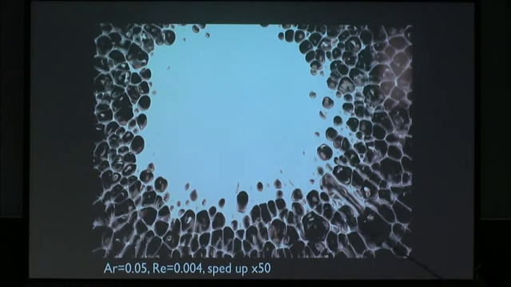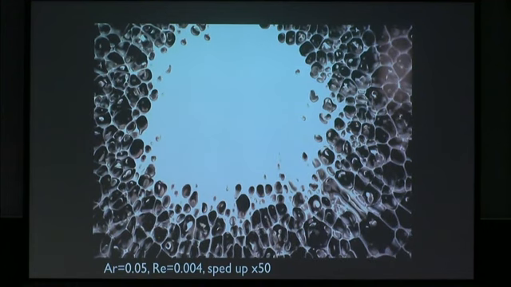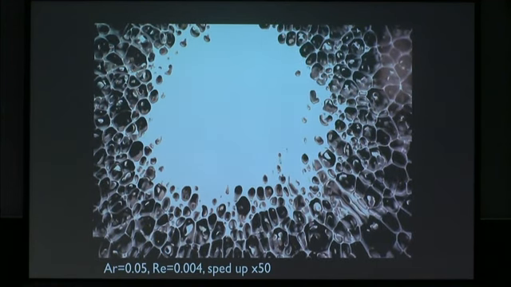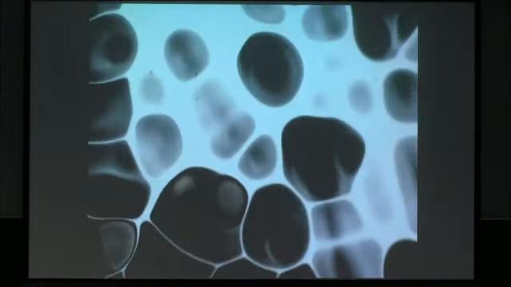This texture that you see here is what is in the paintings of Siqueiros of that period. Here's a zoom of the same thing. Let me try to stop here.